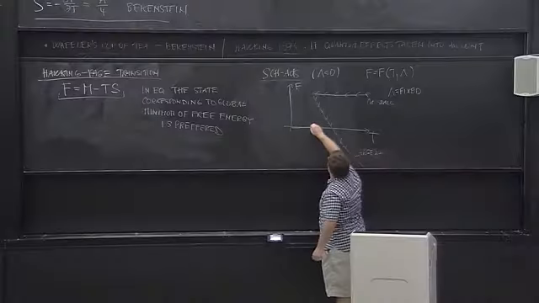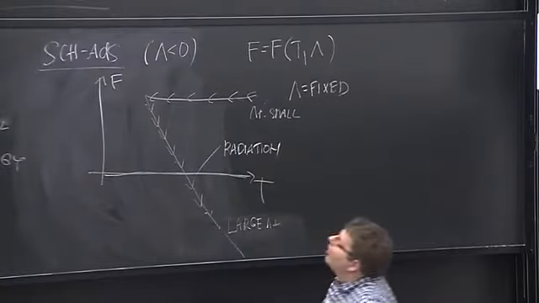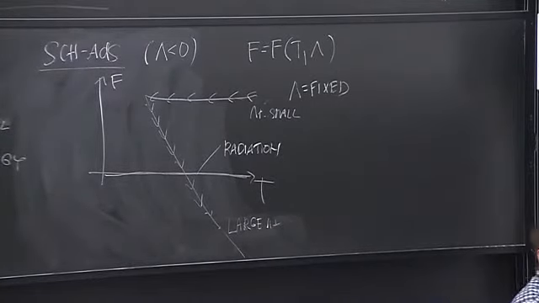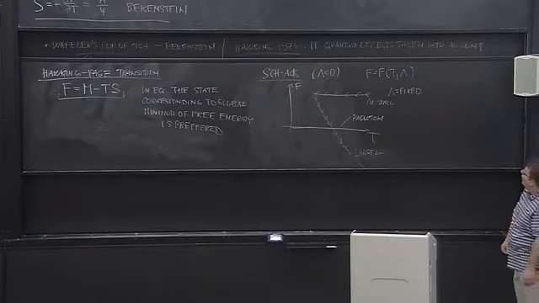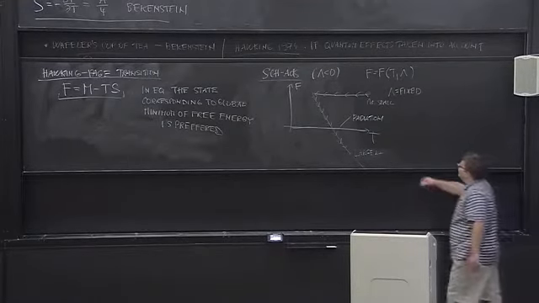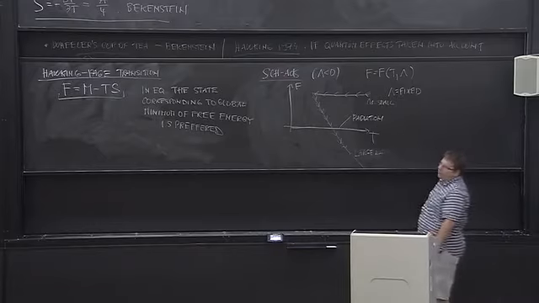So this is the free energy of radiation. And now you should be basically thinking about the combined system of radiation plus black hole. It's like a competition between radiation and a black hole.